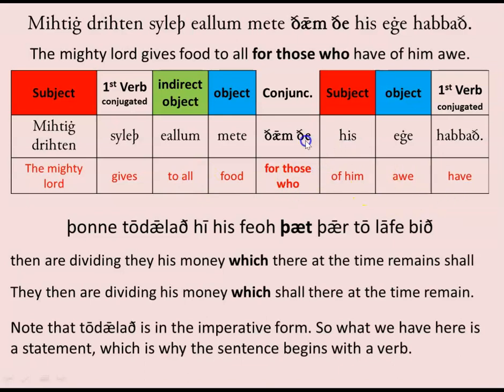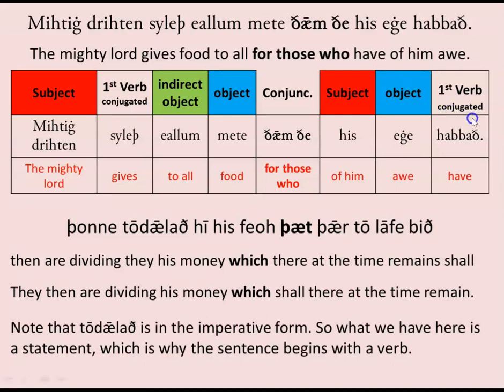Now, his is actually genitive, so when we translate that, it'll be of him, because it's referring back to the mighty Lord. Eya is awe, in awe of, so respect, fear of, or wonderment at, if you don't like fear.